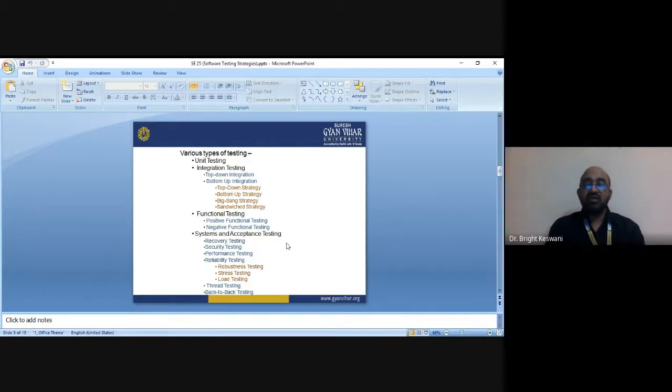The difference report indicates the system problem, if any, among the different system versions. So back-to-back testing is a very effective type of testing.